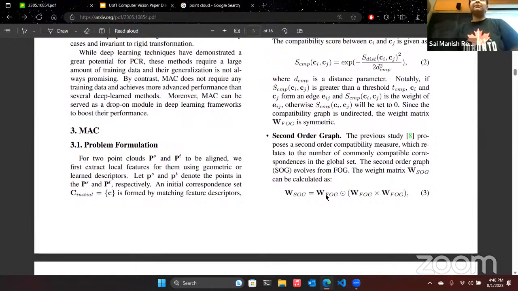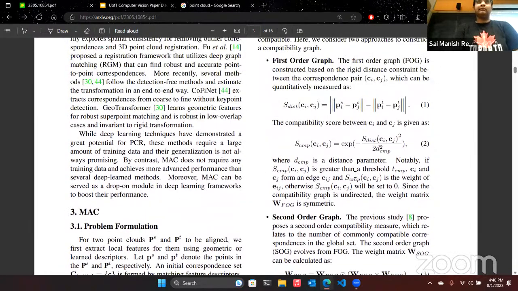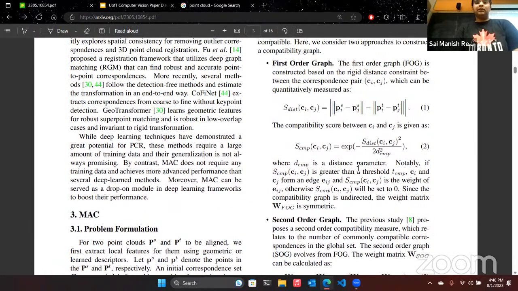Sorry to stop you. How do you even get the compatibility scores before that? Why does that compatibility score make sense? They are just trying to use basic distances over here. I probably don't get the motivation behind that metric.